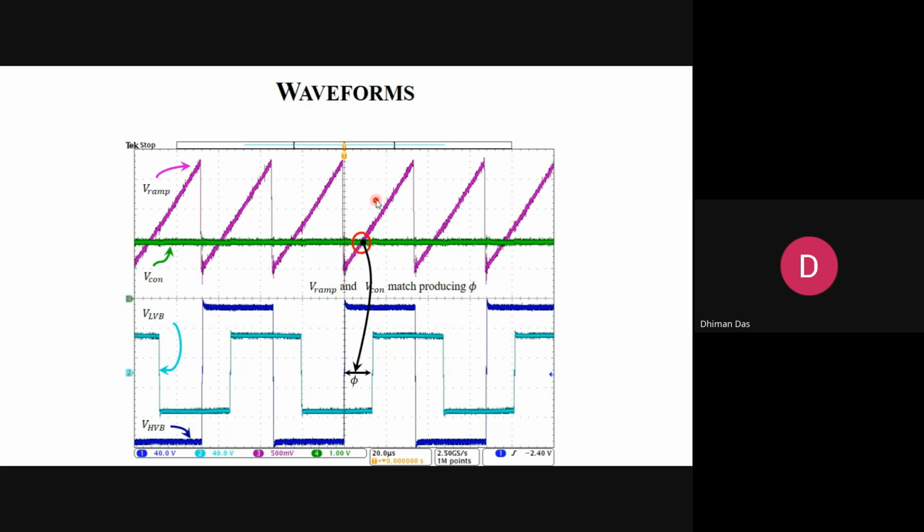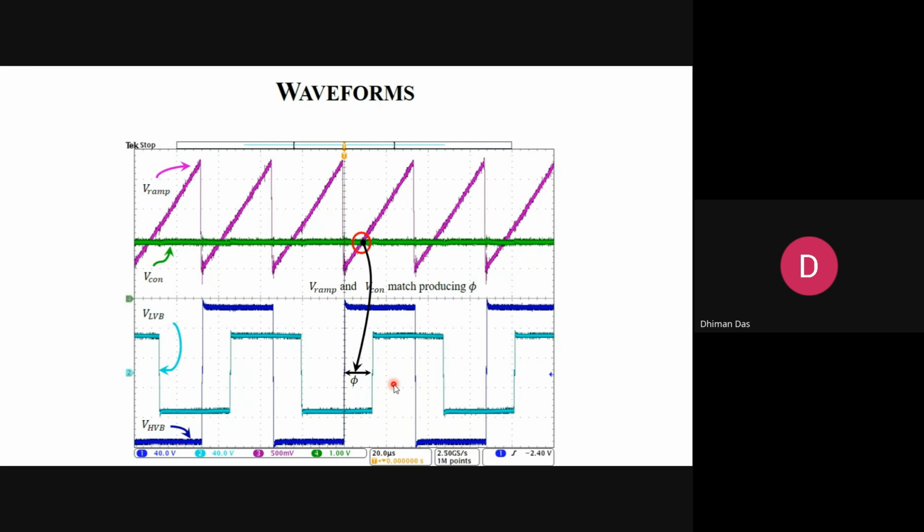So this is the ramp signal, and this is the control signal. At the timestamp when these two values match, it creates a phase shift of phi. If you increase the control signal here, then phi will be larger.